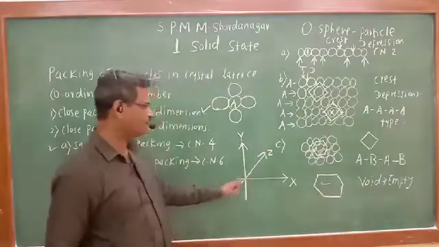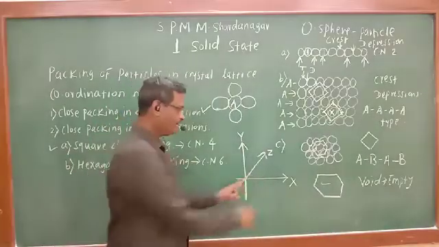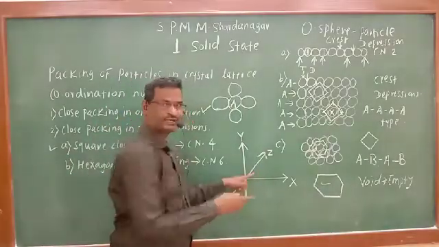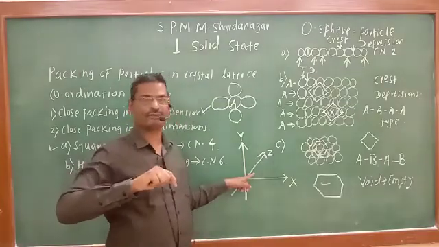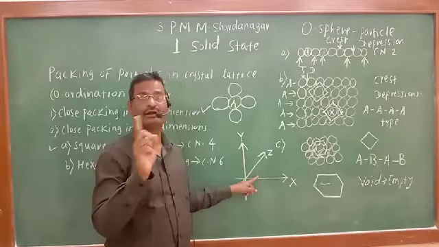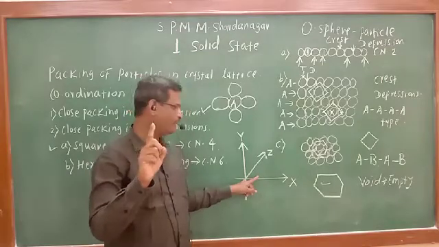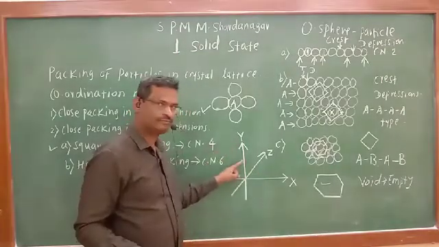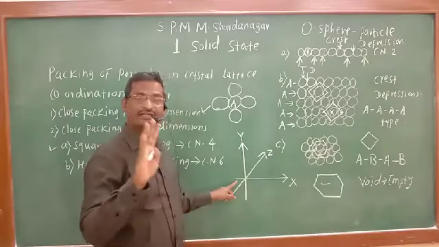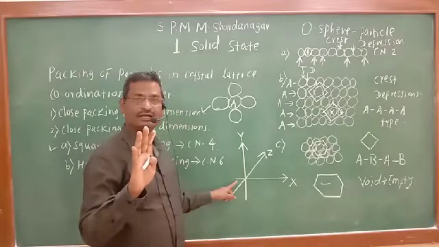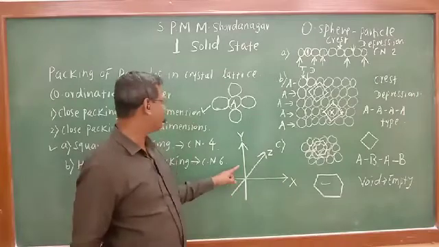It is always equal to 90 degrees. In between x and z, since that is the three dimensional structure, the bond angle is 90 degrees, not 45. In between y and x also, the bond angle is 90 degrees.